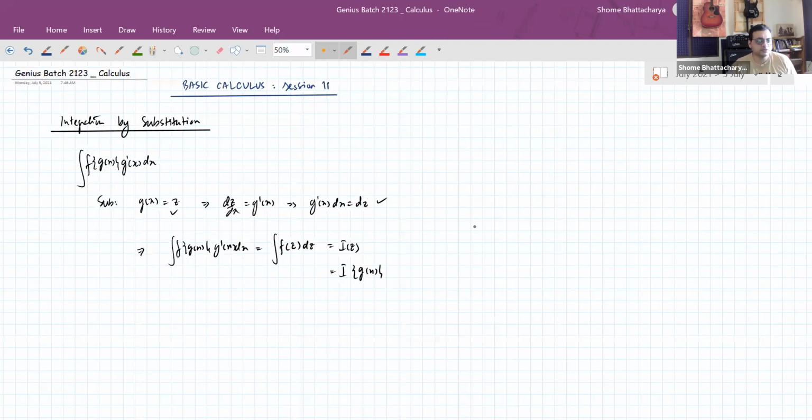So this is the final aspect of indefinite integration with substitution that we had discussed. Okay, so we will do a bit of practice related to this, and we'll also understand how to incorporate this when there are limits, or when we're doing definite integration.